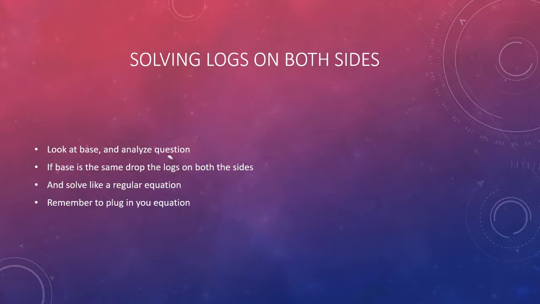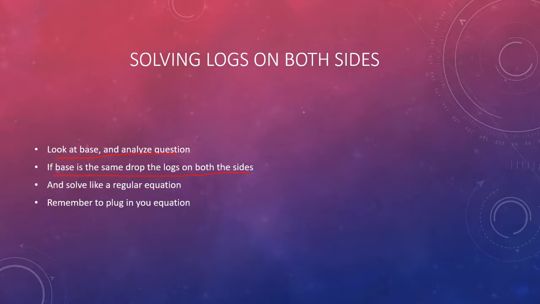So solving logs on both sides, this is way easier. First things first, you have to look at the base, and then you have to analyze the question. Just look at whether the base is the same one, and if the base is the same, drop the logs on both sides and solve like a regular equation. And then remember to plug in the answer you got into the equation to see if you got it right.